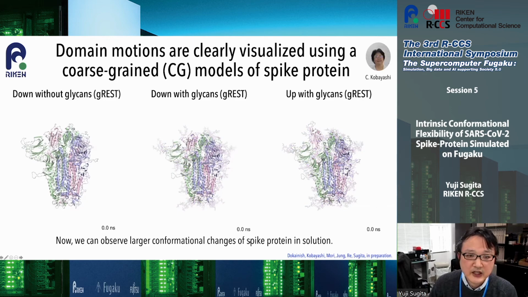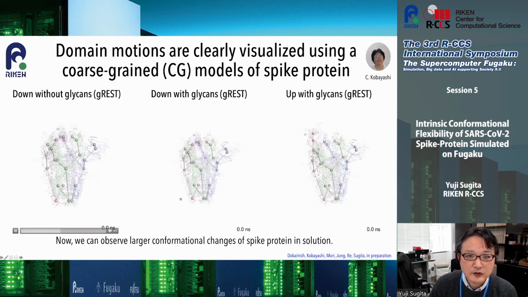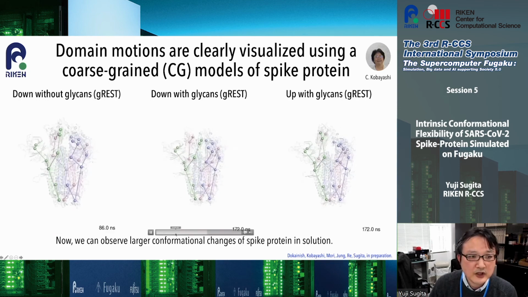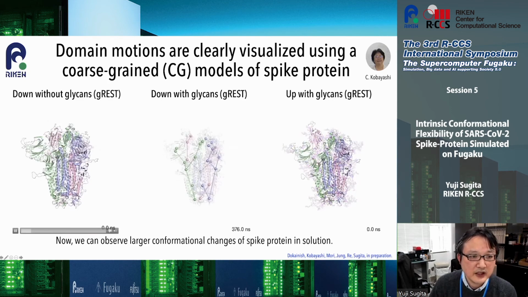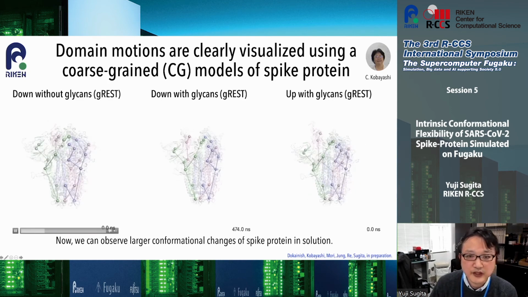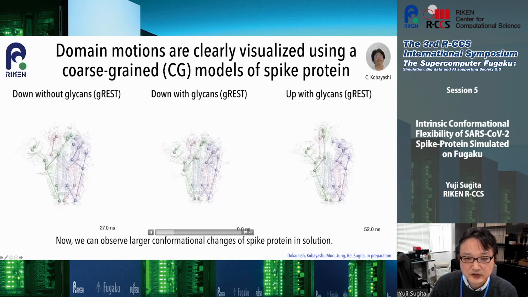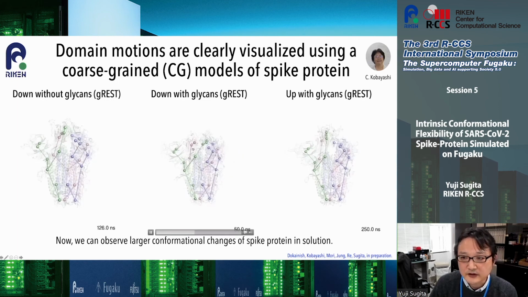Then we apply this method to the spike protein without glycan and with glycan. This simulation started from the down structure, but you can see more great motion in the RBD domain. The same thing is true for the spike protein with glycans.